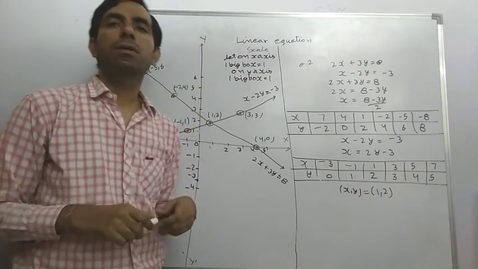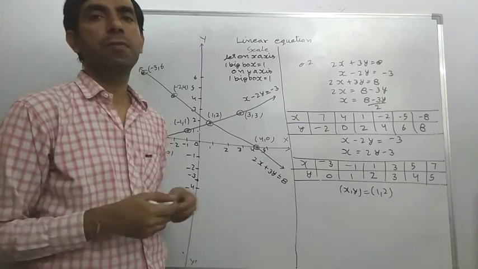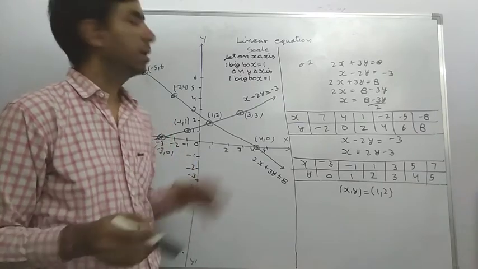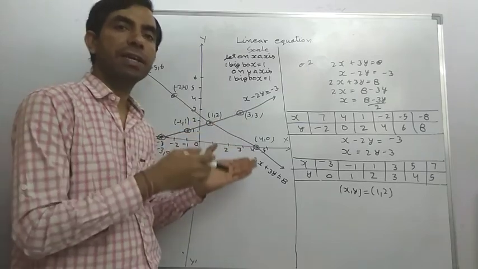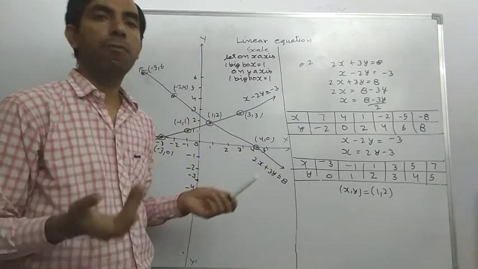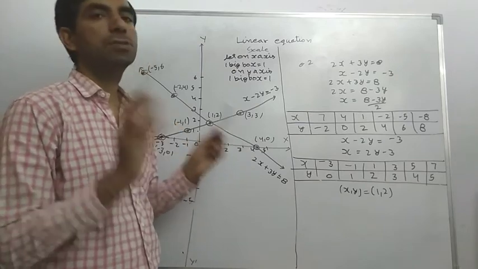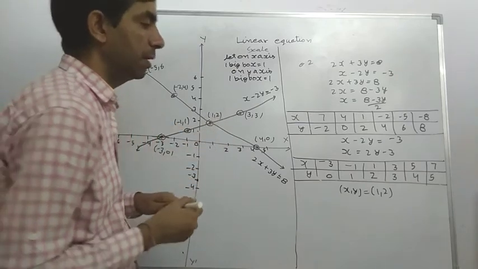But sometimes the examiner asks to find the vertices of the triangle made by the x-axis and these two lines, or made by the y-axis and these two lines. For finding this, we generally solve easily and simply.